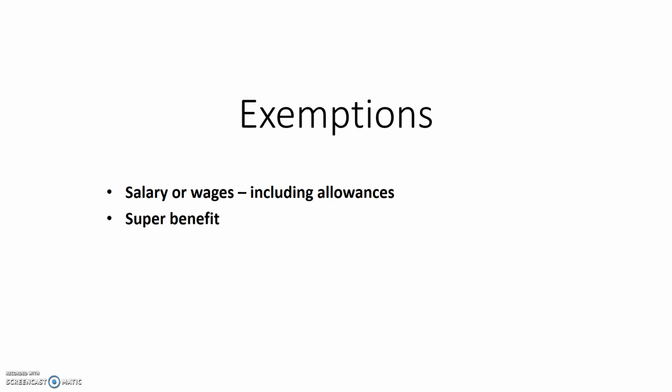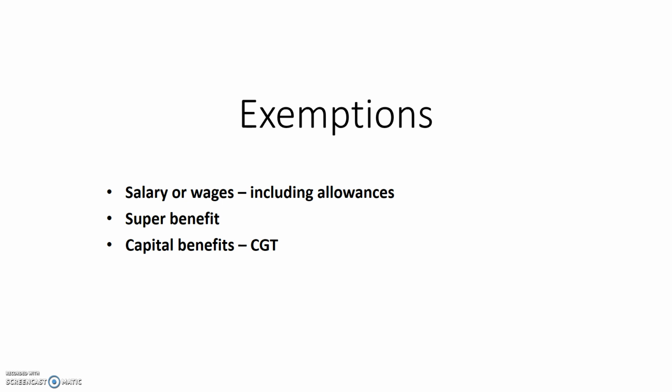Super benefits that your employer pays into your super fund are exempt from FBT, dealt with under the superannuation legislation. Capital benefits are dealt with under the capital gains tax legislation, so again, exempt from FBT. An example of a capital benefit might be your employer pays you $6,000 upon your termination, say, to restrict you from working with a competitor for 6 months.